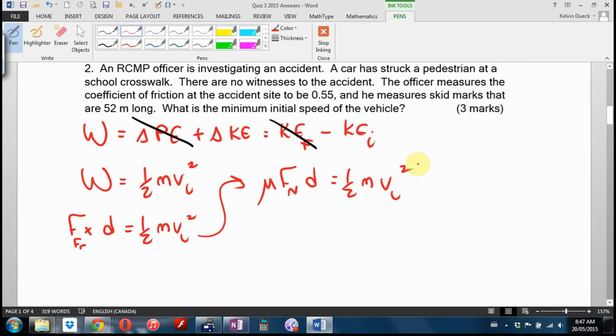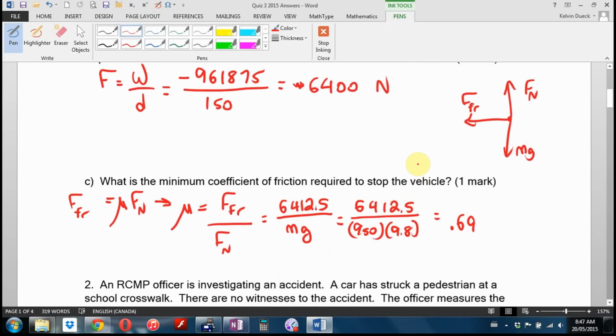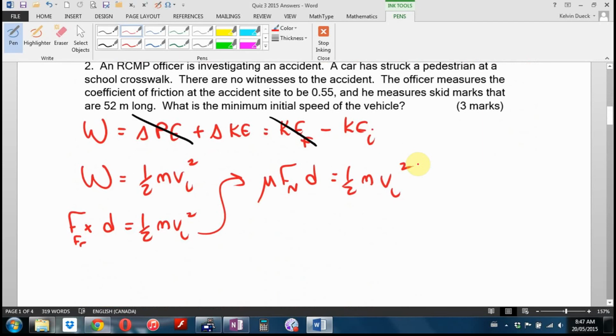Is that what you're saying? Yes. I don't know the normal force. Oh, but look. It's the same free body diagram. I know another force the same size as the normal force. Which one? Okay, so I can say this. Mu mg times d equals a half mv initial squared.